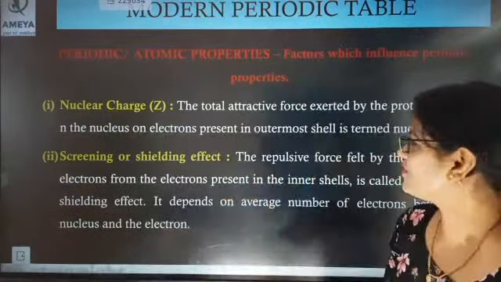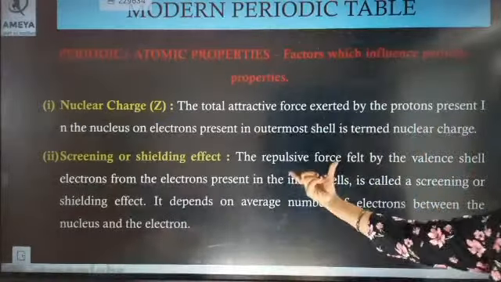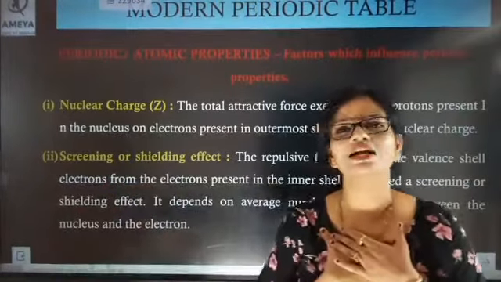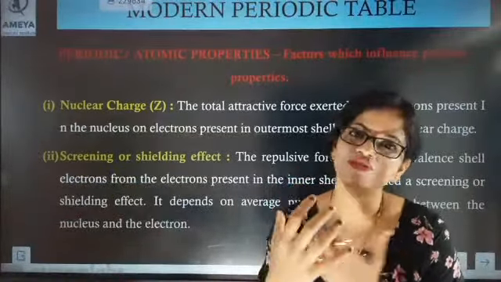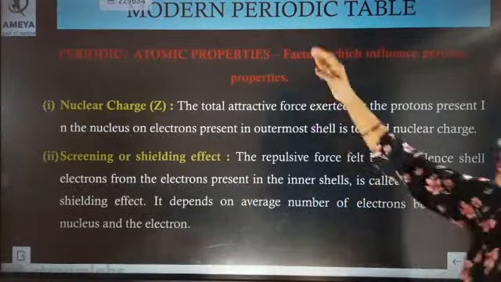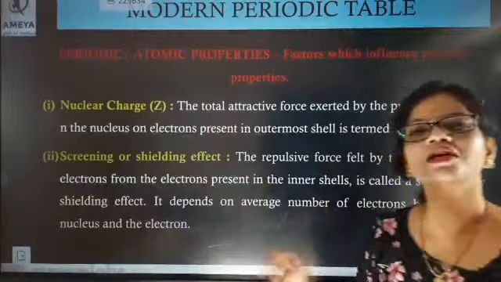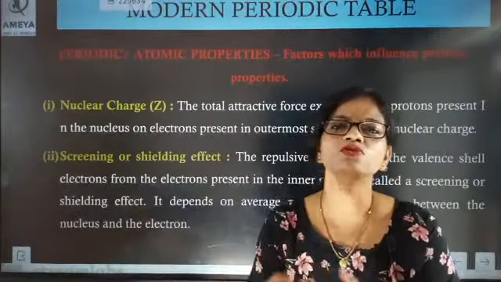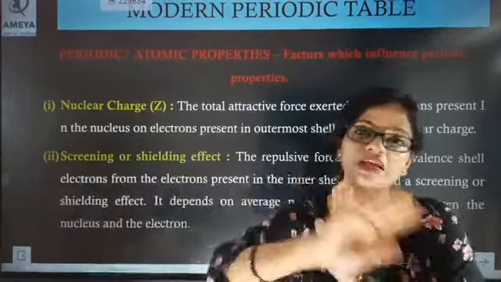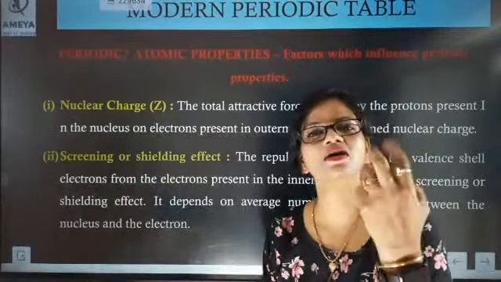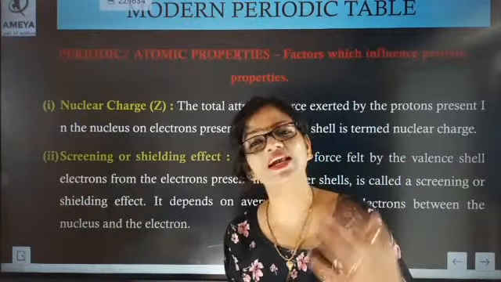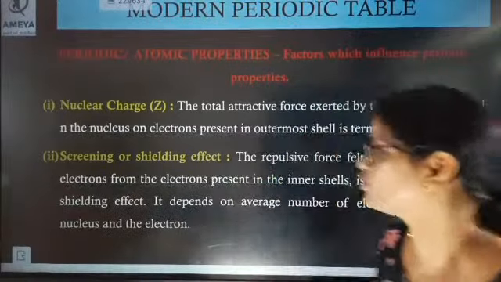So this is the screening effect. What is the screening effect? It is the repulsive force felt by the valence shell electrons. The valence shell electrons feel a type of repulsive force from the electrons present in the inner shells. The first shell, second shell, third shell electrons put a repulsive force, and this is experienced by the valence shell electrons.